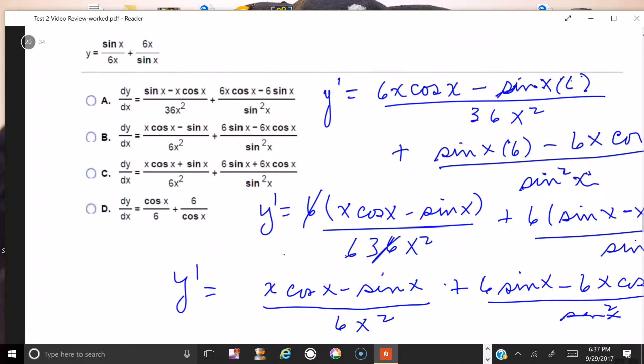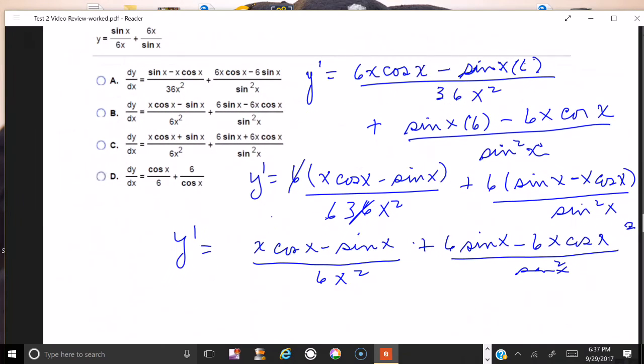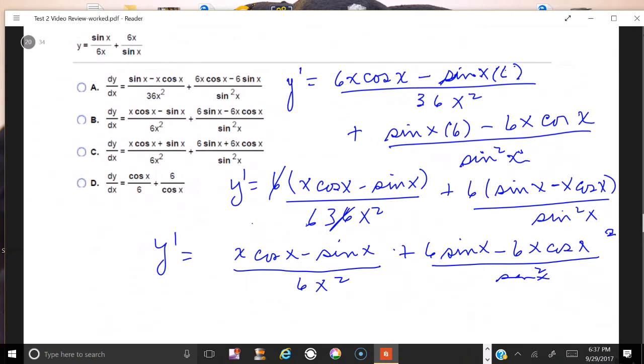Okay, let's do a little quotient rule here. We want to take the derivative of y with respect to x, and here we have to remember the quotient rule. Let's take the first term and do it.